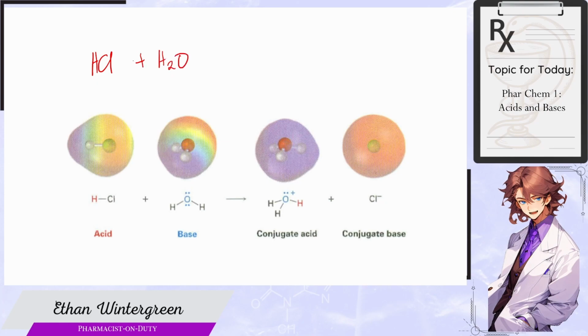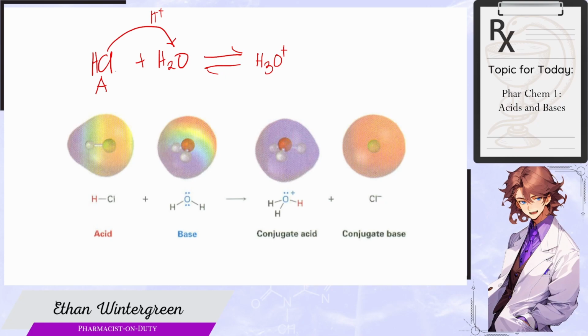In this situation, when hydrochloric acid reacts with water, since hydrochloric acid is an acid, it gives the hydrogen ion to our water. In turn, it forms water, H2O, plus one more hydrogen, which is our hydronium ion.